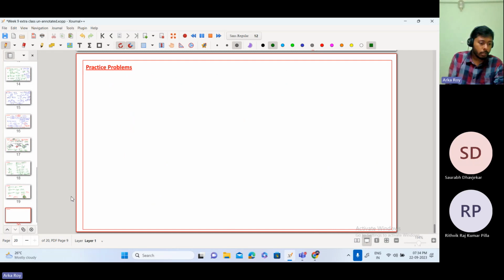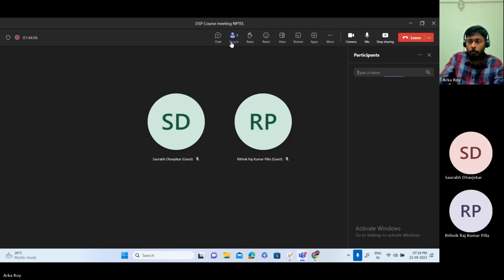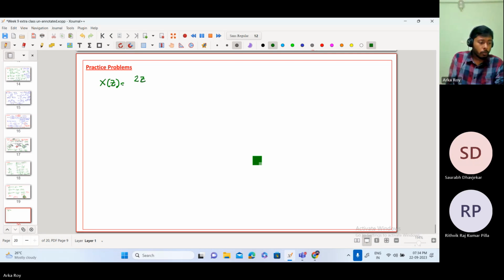So moving to the next question. You have been given a Z transform which is of this sort: 2Z, then Z minus 5 upon 12, then Z minus half, and Z minus 1 upon 3.